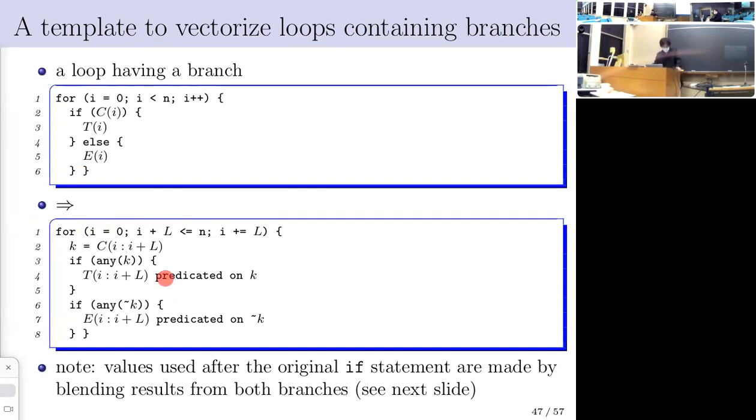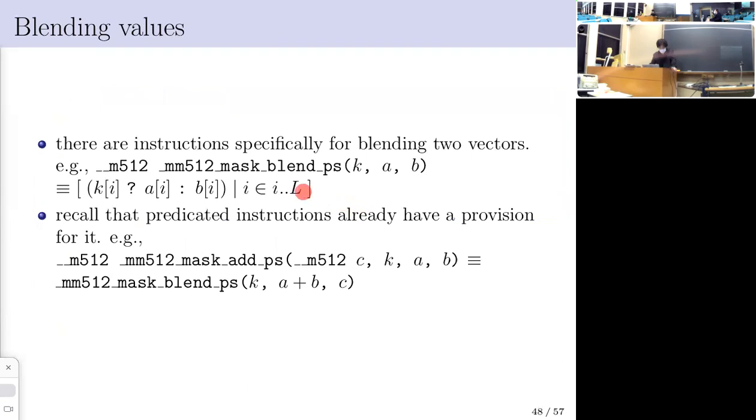In which case you need to somehow mix the values you obtained in the then branch and the values you obtained in the else branch. For which you need some way to blend two vector values, right? So this is what the blend instruction is for.